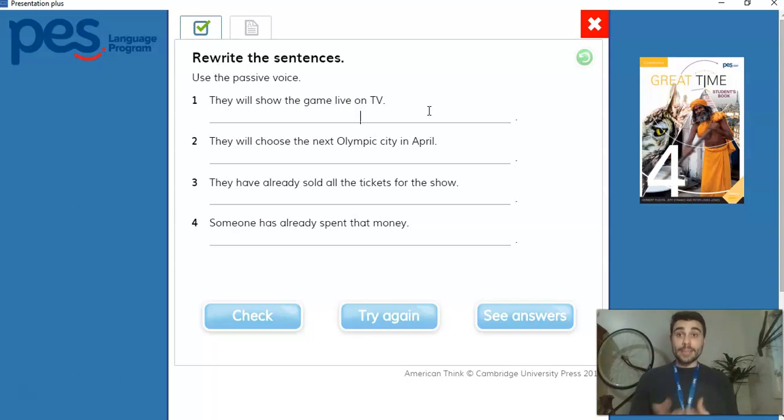Good? So again, they will show the game live on TV. I need to put the object at the beginning. Remember, that's the passive voice. So I need to start with the game. The sentence is in the future, so I need to follow the rule for the future passive. So the game will, the verb be. What's the verb here? We have the verb show, right?